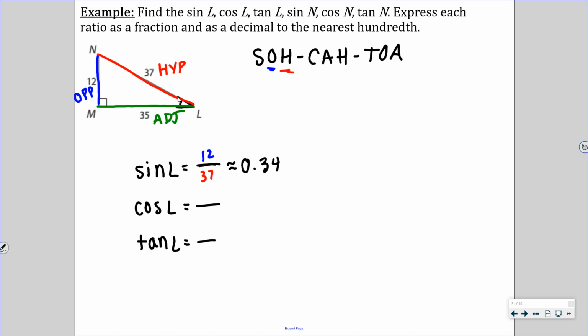Okay. Cosine of angle L. Cosine is a ratio of adjacent to hypotenuse. There's my ratio. Can't be simplified. So as a decimal, that's 0.95.